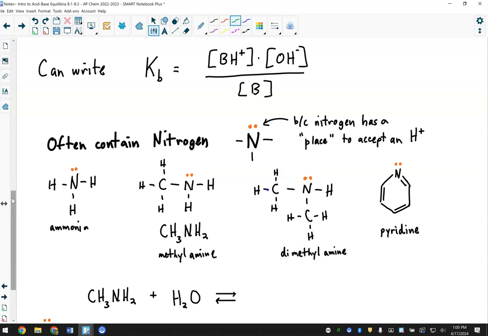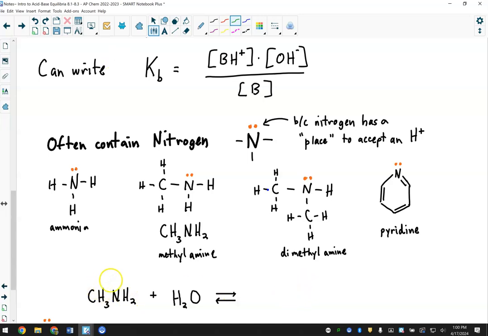If you had to take methylamine and react it with water, how would you write it? There's another one, dimethylamine, that would be written C2H6NH or whatever. And then this one has a benzene ring. It's called pyridine. But let's write the reaction products of one of these more complicated ones, not just NH3.